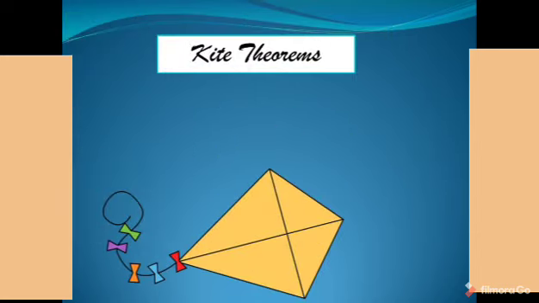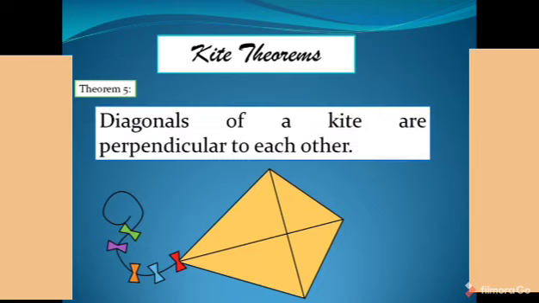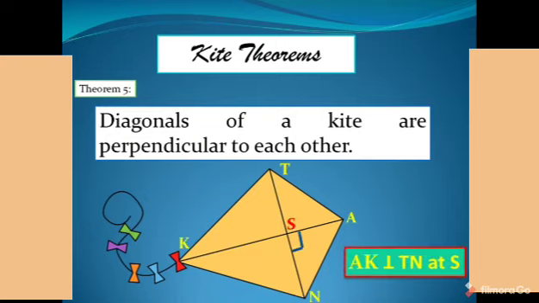So we have here the kite theorems. We'll have theorem number 5. For theorem number 5, it says that the diagonals of a kite are perpendicular to each other. Do you agree that from this illustration, kite TANK with point S, segment AK is perpendicular to segment TN at point S?